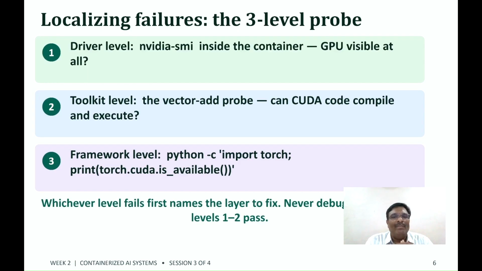At the framework level, I showed you in the initial program that we can import torch and check whether torch.cuda is available or not. So whichever level fails first names the layer to fix. That means at whatever level we are failing, that layer needs to be fixed first.